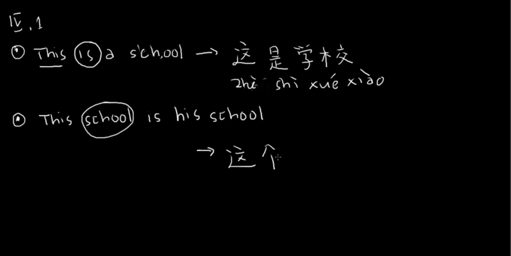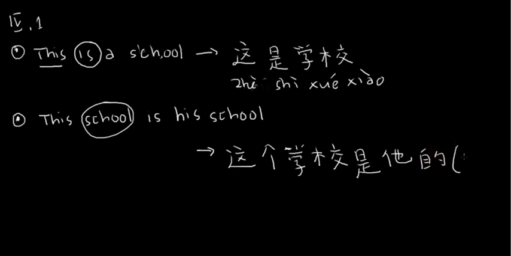So 这个, and then school, 学校, 是, his, 他的. And we can write the school again in here, his school.